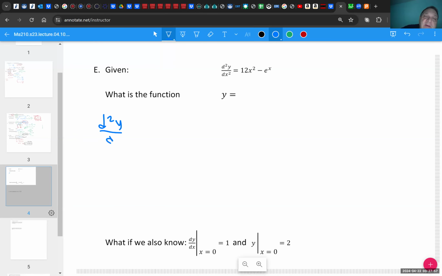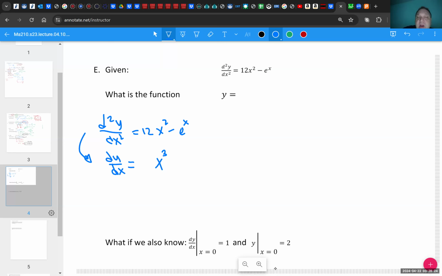If we have the second derivative formula and we go backwards, we don't find the function, we find the first derivative. So if we're going to go backwards, do the antiderivative, we don't get y, we get dy dx. And then we have to think backwards: what function would give 12x squared as its derivative? It's going to have an x to the third, so that when you do the power rule, it becomes a 2.